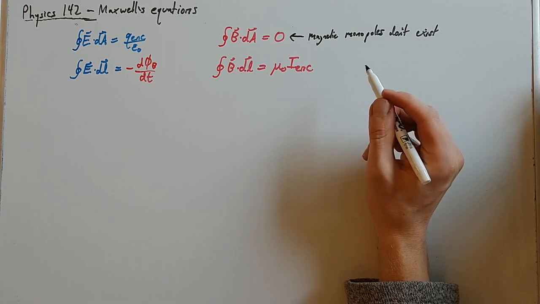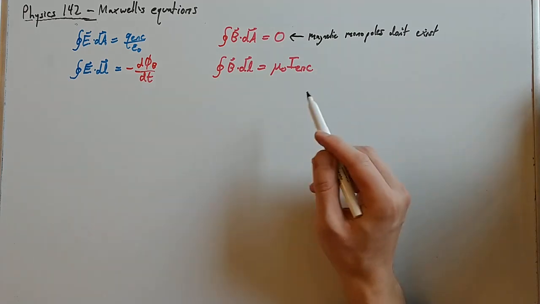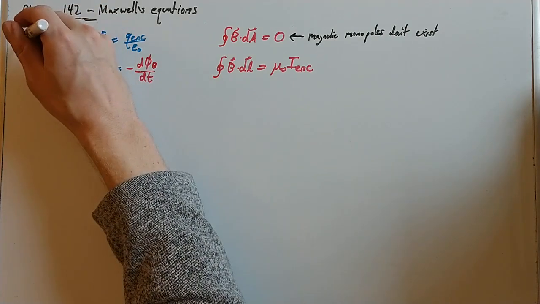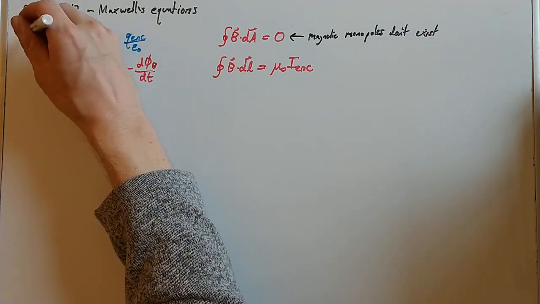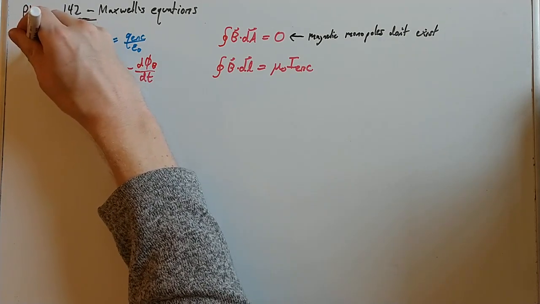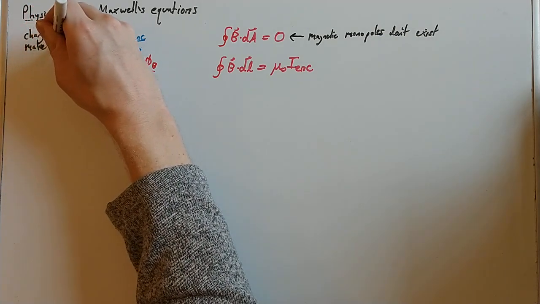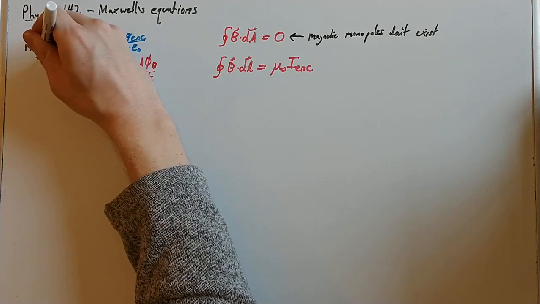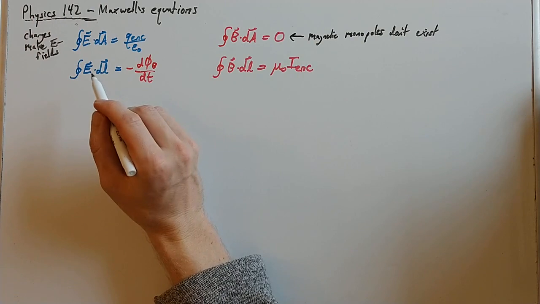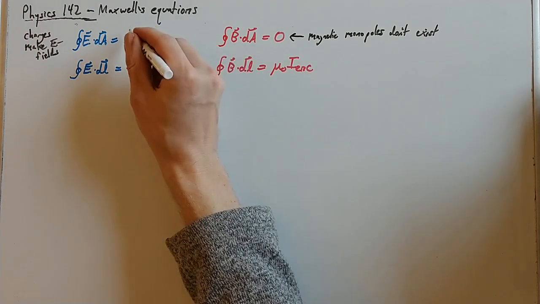You don't just have a charge that makes a B field. Gauss's law here is telling us that charges make E fields. Charges are a way of making E fields, so that's good. This is an electric monopole.